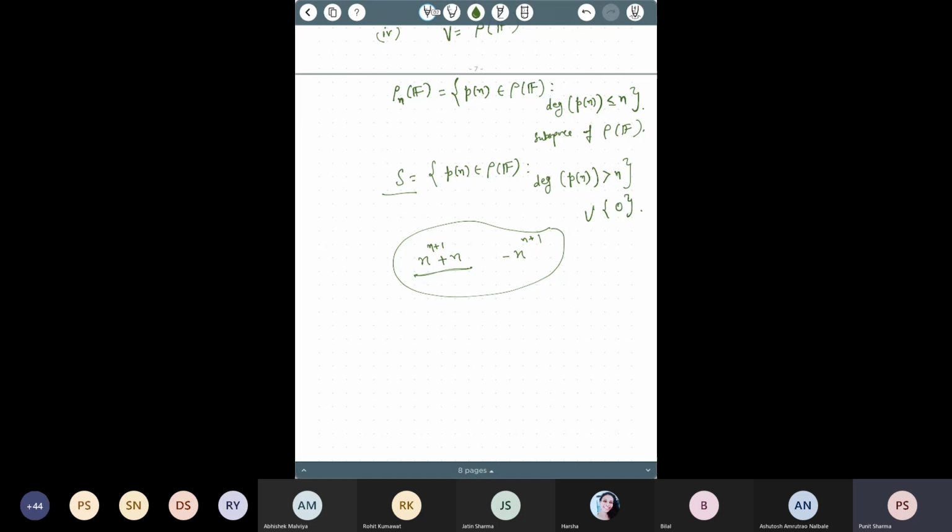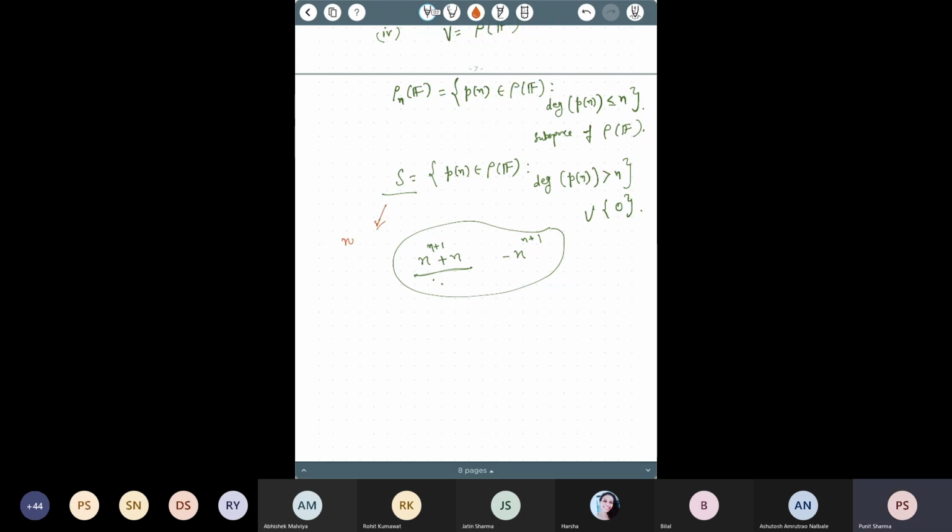Because you can see that both these elements belong to S because their degree is greater than n. But when you take their addition, it is x, and therefore it is not closed under addition, and therefore it is not a subspace. Is it okay? So this is not a subspace.